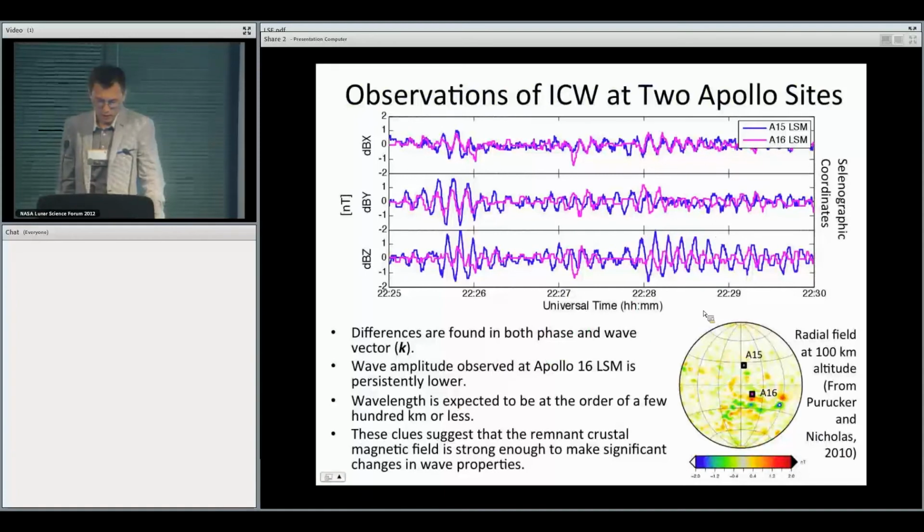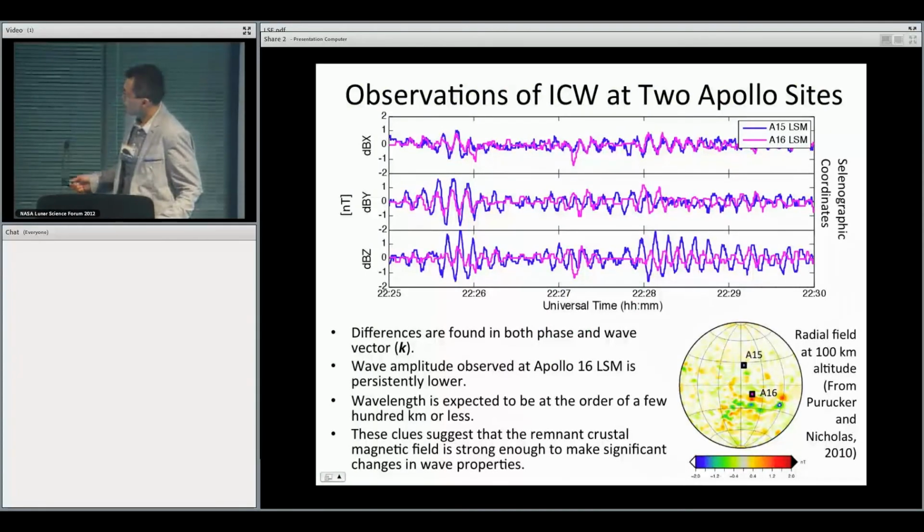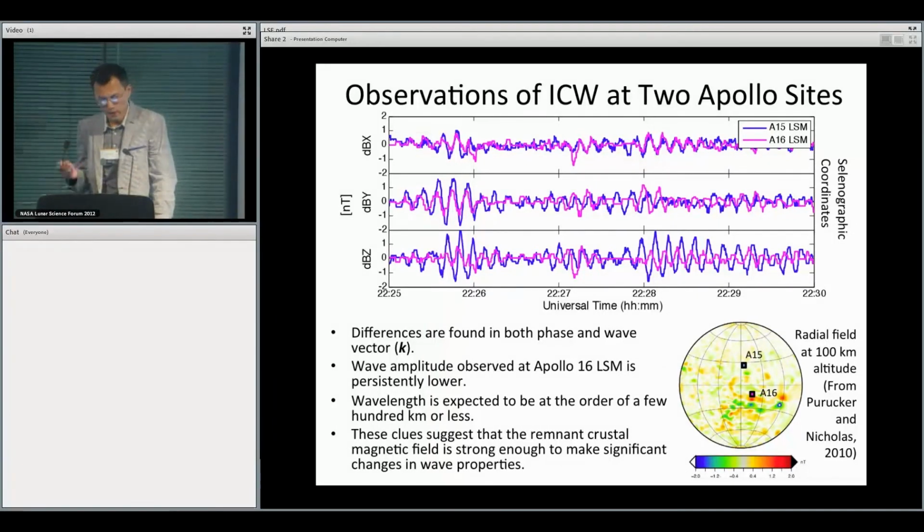Another observation that we look at is that if you compare waveforms at different sites, you can actually see a phase lag between the two stations. We also calculate a wave vector using the data, and we find that the wave vectors are also different from one site to another.